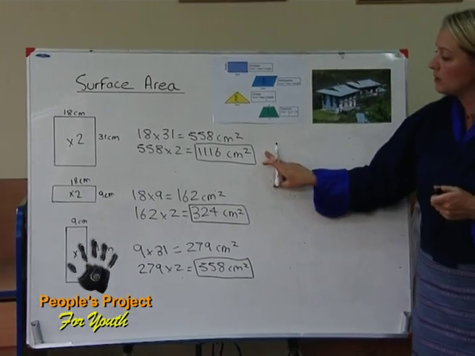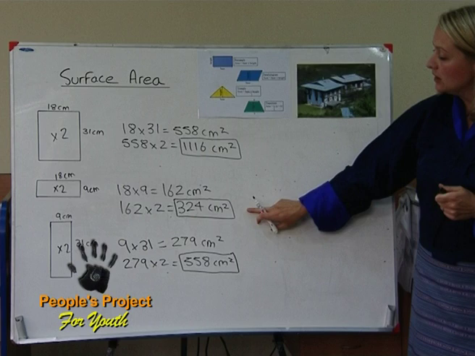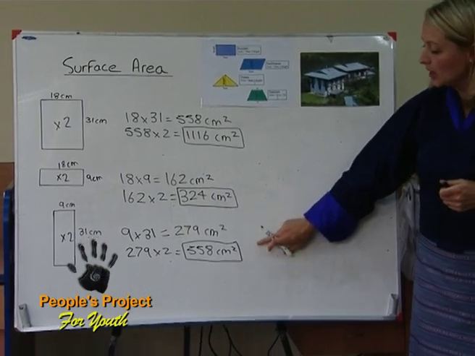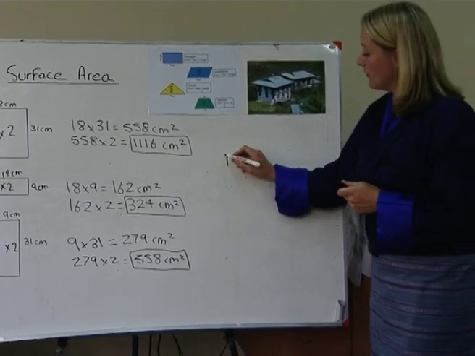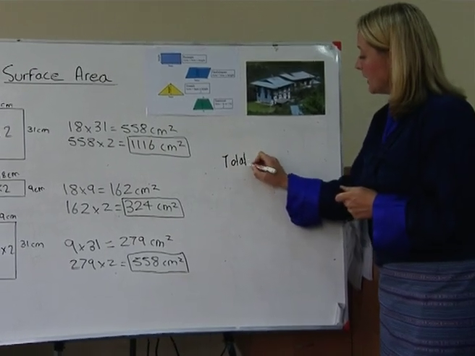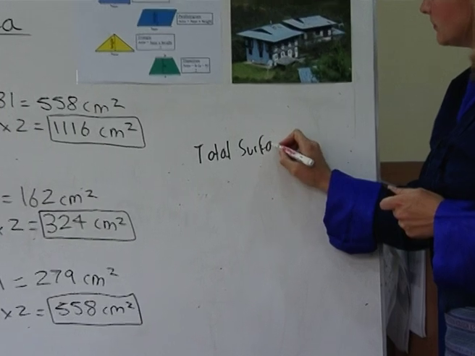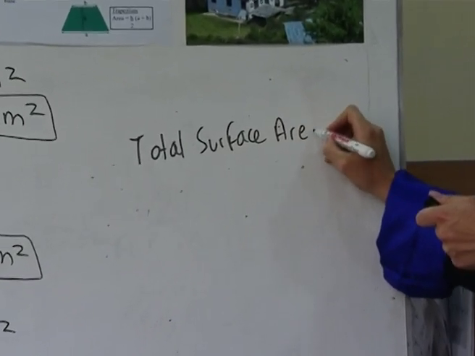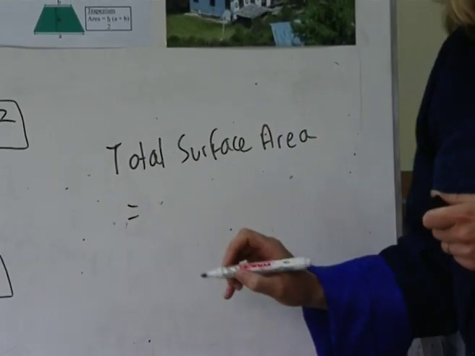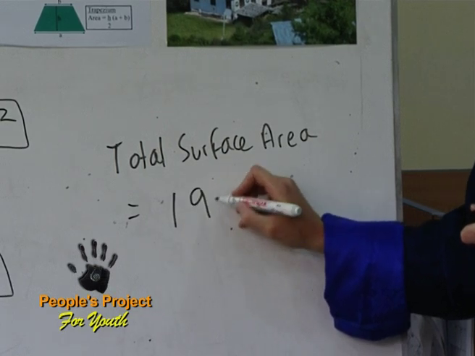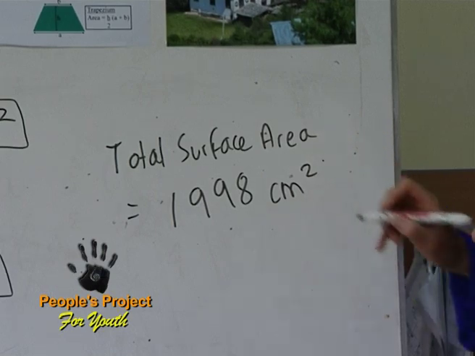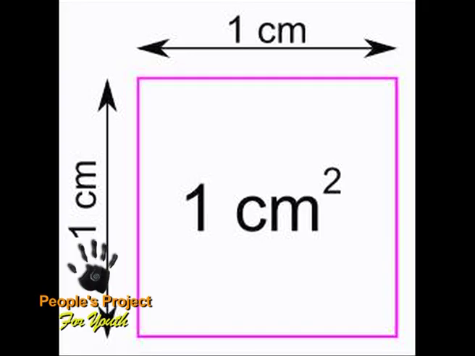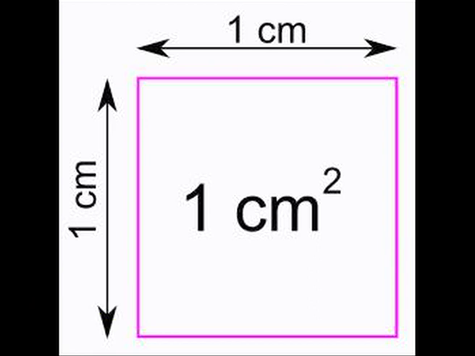So if we add 1,116, 324, and 558 centimetres, we will find that we have got a total surface area for this cardboard box of 1,998 centimetres squared.